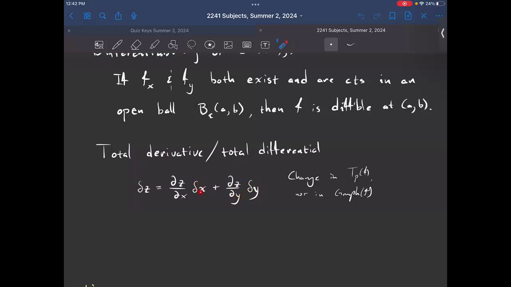Okay, and so these deltas are slightly different from the capital triangle deltas. These are meant to be the change in the tangent plane at a point, not in the graph.